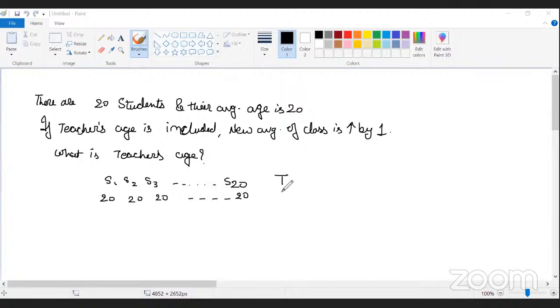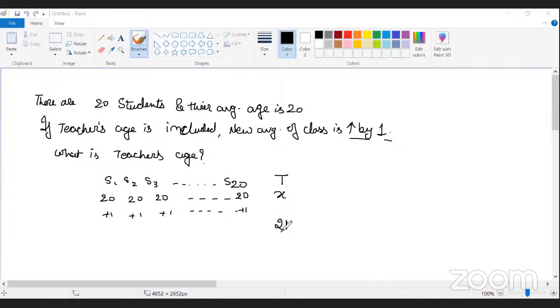But when teacher's age is included, 20 plus 21, everyone's age is increased by 1. So the new average of the class is increased by 1. It means that even the teacher is 21 now.